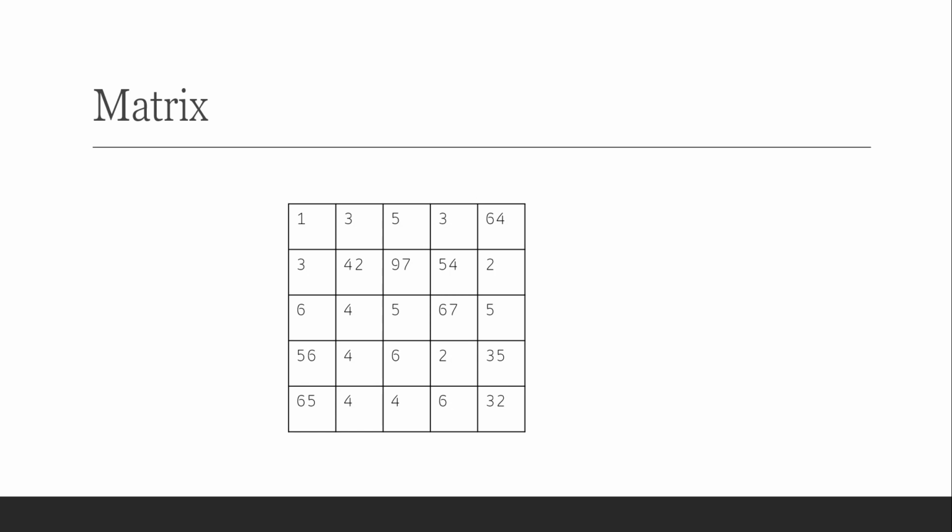Consider this kind of operation. You would like to increase the brightness of this image here. So if you want to increase the brightness of the whole image, you want to apply some kind of operation to all the pixels in this image. We can have an operation in which we add a specific number to each element in this image.